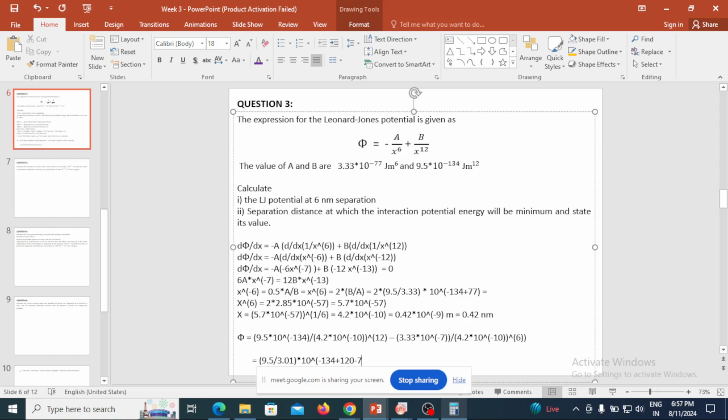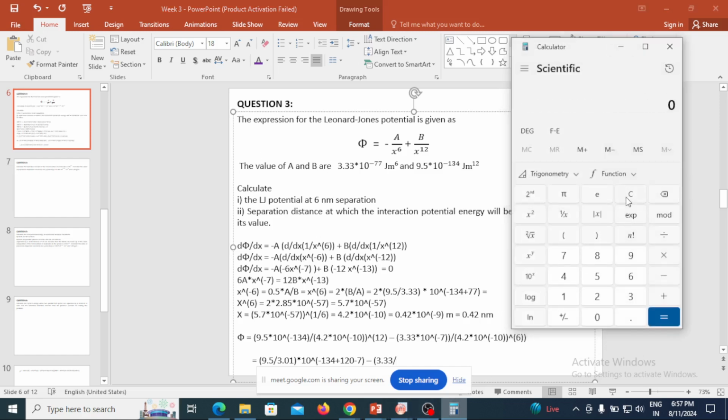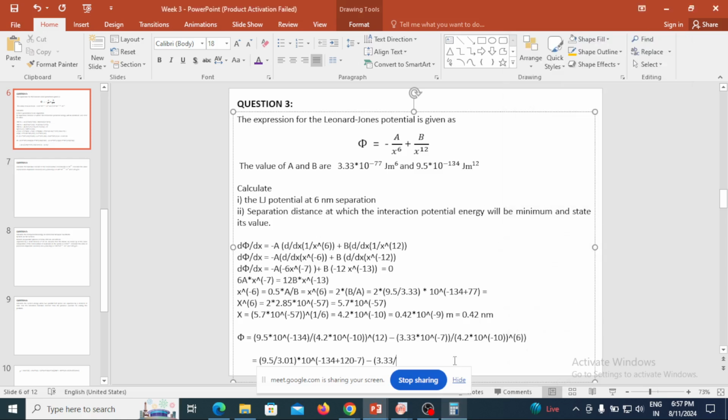So what we got by multiplying 4.2 the whole power 12 came out 3.01 into 10 to the power 7. If you take it to the numerator it will become minus. This is one part of the expression. Next one you have is 3.33 divided by 4.2 whole power 6. 4.2, it is 5.489 into 10 power 3.